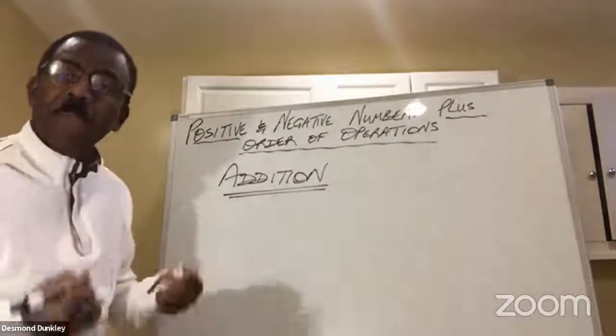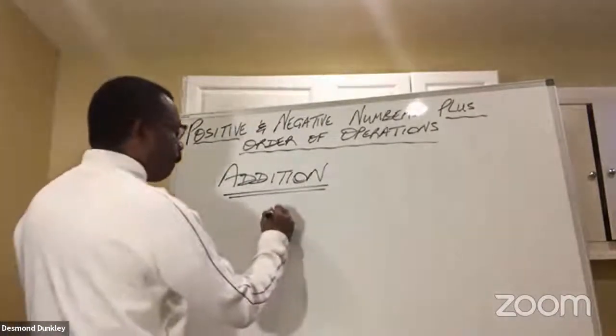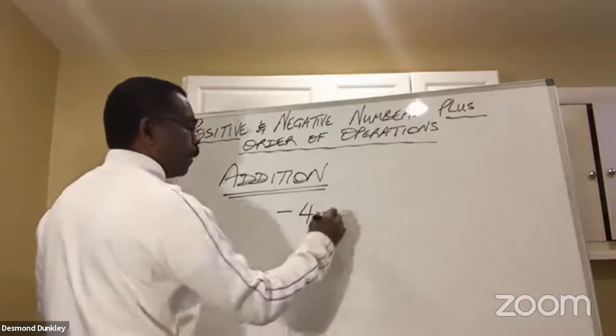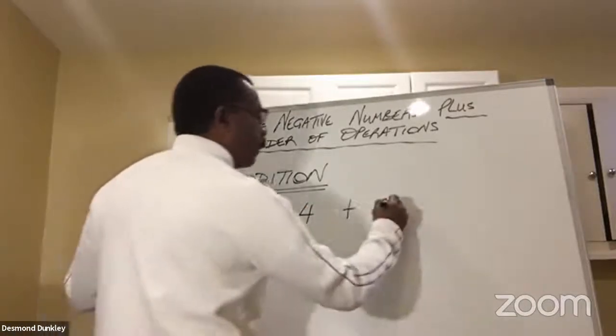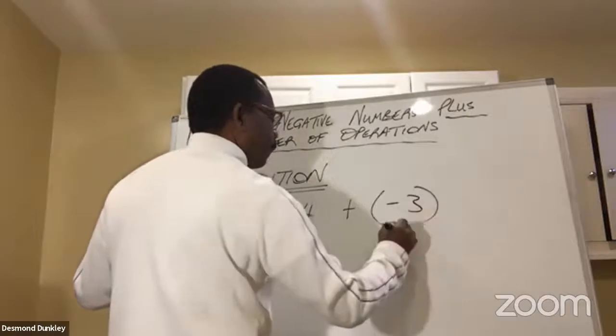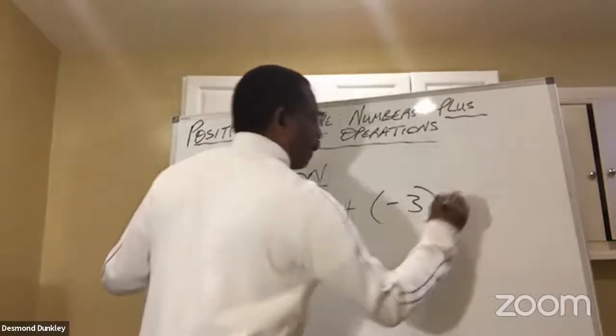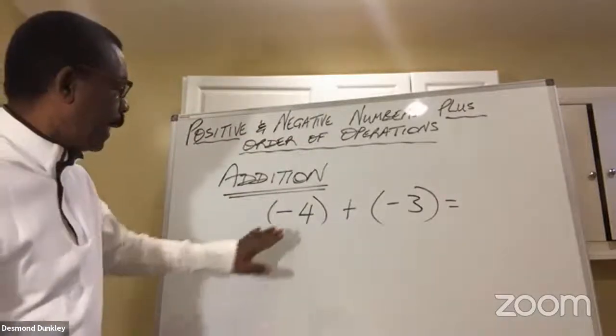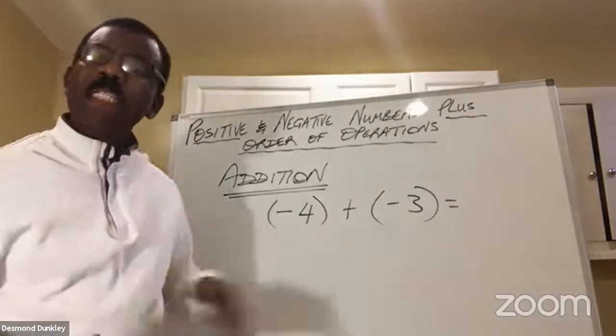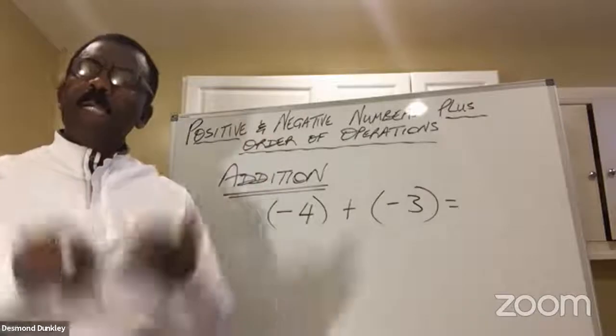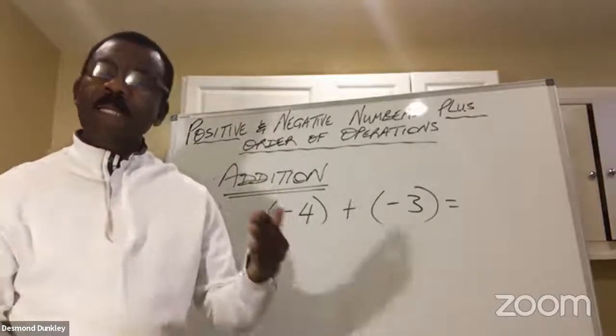So what happens if we're adding and we have 4 negatives plus 3 negatives? Again, please understand that putting the parentheses here is not necessary, but it doesn't spoil the math.